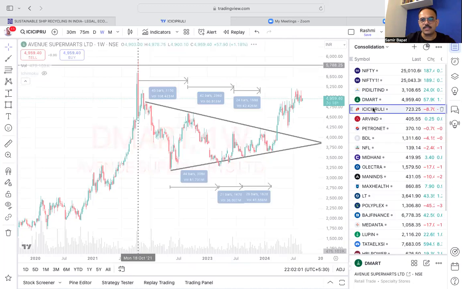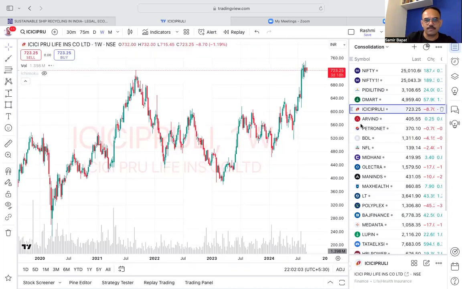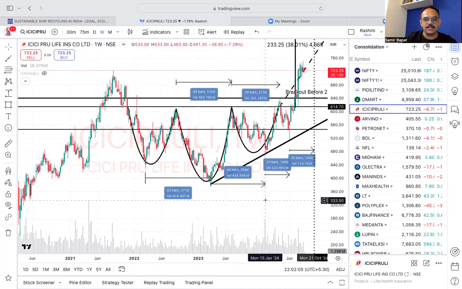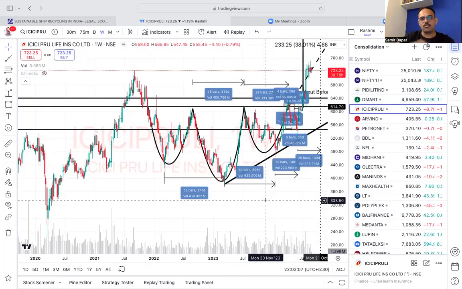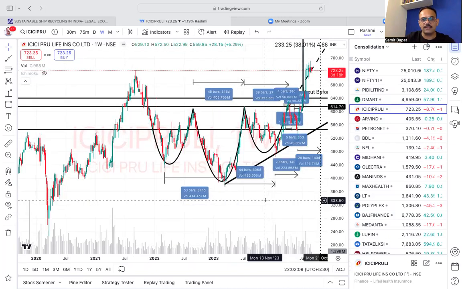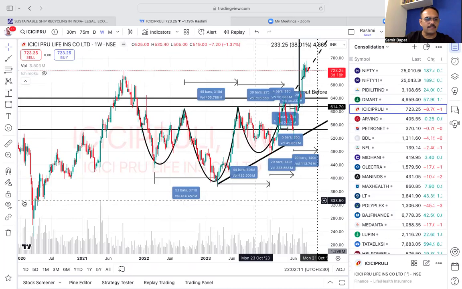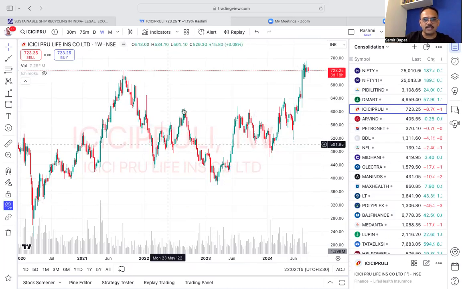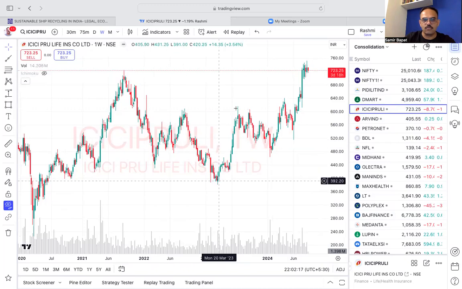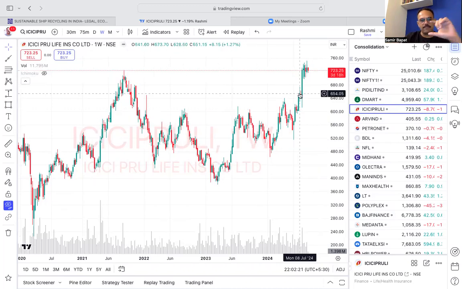Let's say ICICI Prudential. I'm extremely sorry for a very dirty chart here because I am doing some more studies also. This is head and shoulder, which we'll learn. If I'm able to, I'll hide it. See, you all can see this is going up, coming down, going up, coming down. Then this is a breakout. How far will it go?